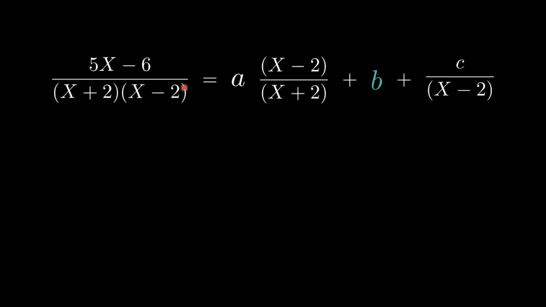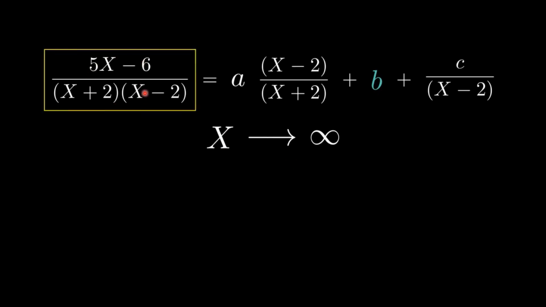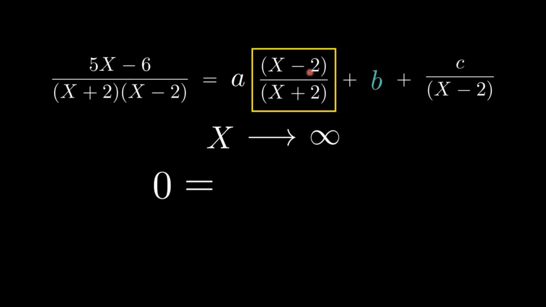This equality is true for all x greater than 2. So we can take the limit as x approaches infinity. The limit of this fraction is 0, because the degree of the numerator is 1 and the degree of the denominator is 2. The limit of this fraction is 1, so a times 1 is a.